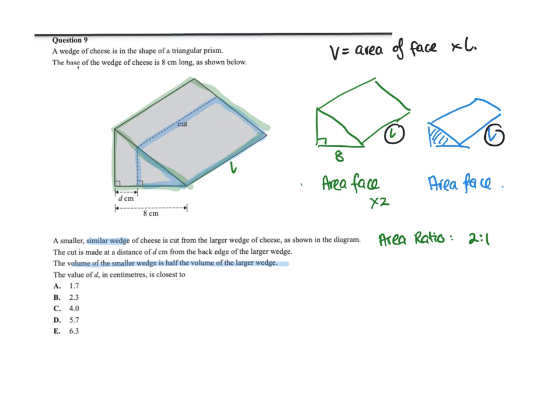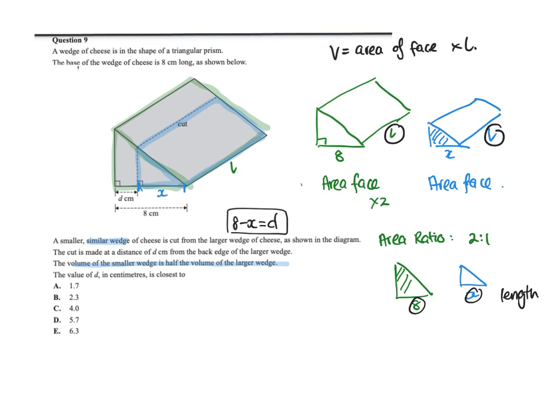And if you look here, if I call this bit X, from here to here, we can see that 8 minus X equals D. That's how we're going to find it. So we need to find D. We've got this area, and we've got a length 8 and the thing X. These two, the 8 and the X, are lengths.